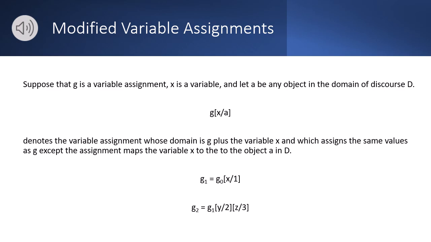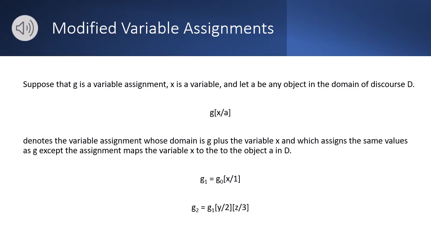And if you recall, G2 was exactly the variable assignment that sent X to 1, Y to 2, and Z to 3. So here you have a nice calculus or algebra of these variable assignments and how to change them variable by variable.